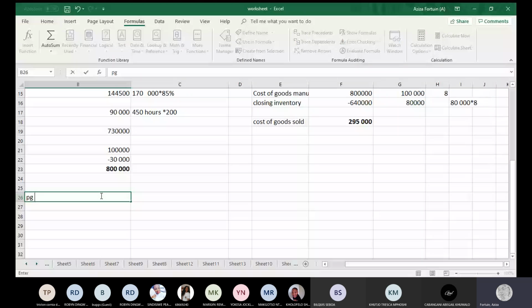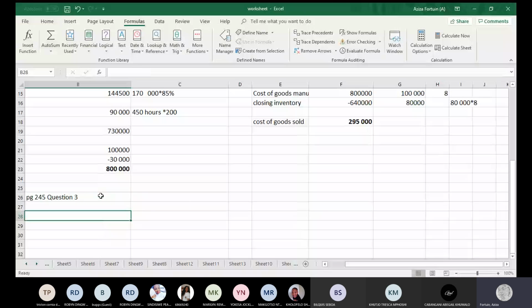Okay, let's go to page 245, question 3. The first question that they ask us is to calculate the direct material inventory.